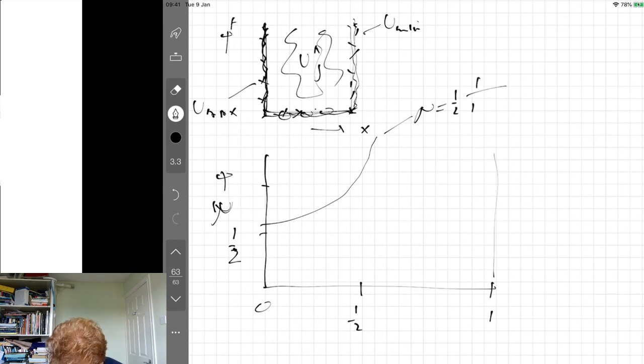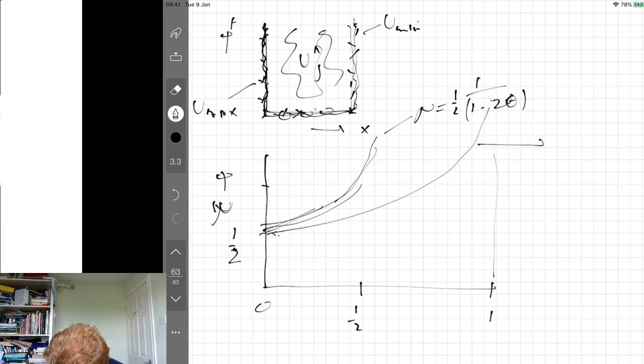This is the Fourier stability boundary, and the other one is the criterion for the maximum principle.